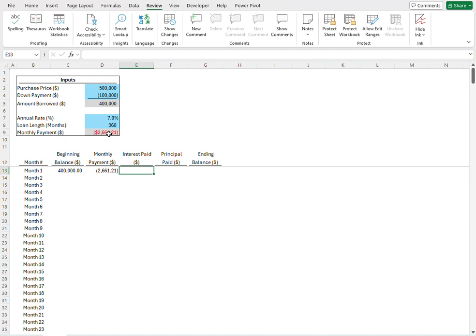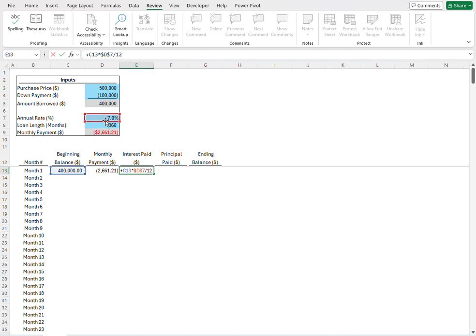Okay, for interest paid, we do a quick calculation. We're going to take the balance of the loan at the beginning of the month, and then we're going to multiply by our interest rate. And again, you can go ahead and lock that cell because the interest rate is going to be the same throughout the duration of the loan. And then we're going to divide by 12 because, again, that is an annual interest rate.